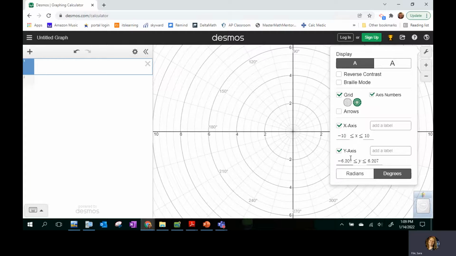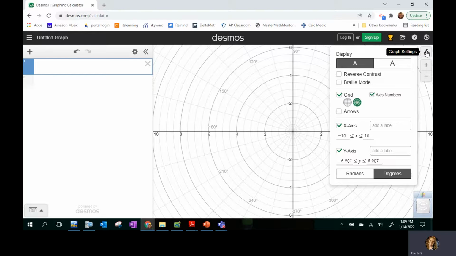The y-axis is always going to be smaller than the x-axis in what's showing because it's not a square screen, right? Okay, if you set them to be the same, it's going to be distorted. It's not going to be a circular grid. You all understand that? So just play around with these numbers if your graph is not circular.